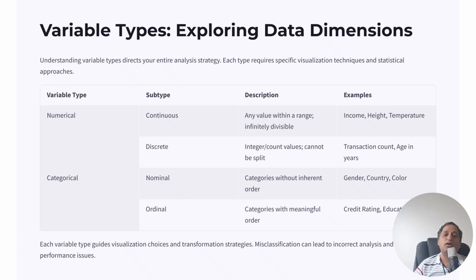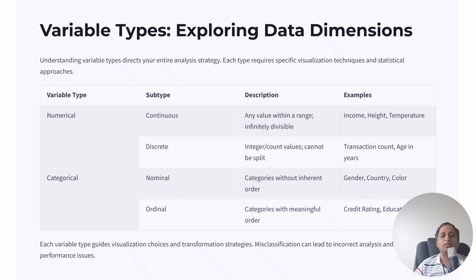Whereas ordinal variables have an inherent order, but the differences between the levels aren't numerically meaningful. For example, credit rating might go from low to medium to high, but that doesn't mean high is 3 times better than low, right? But there is an order between them. Each of these subtypes dictates how we visualize our variable, whether we want to use a box plot or bar chart, whether we go for one-hot encoding or label encoding, and how we summarize it statistically.